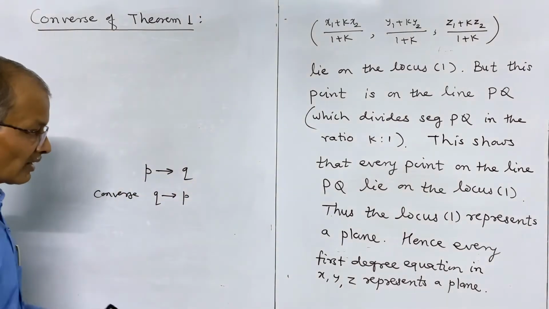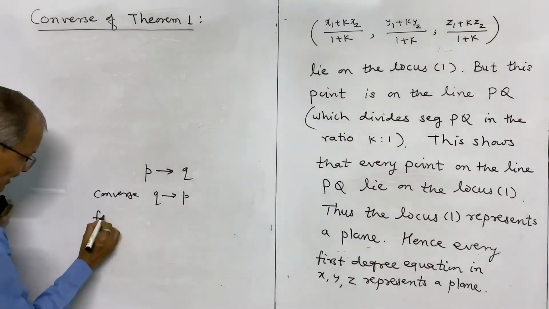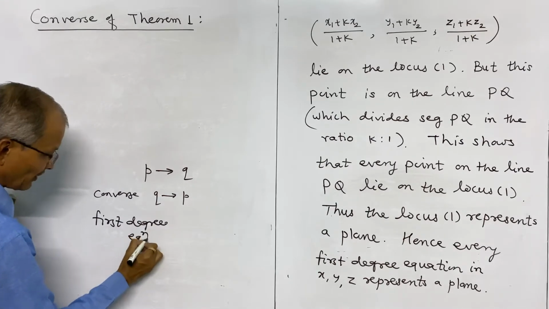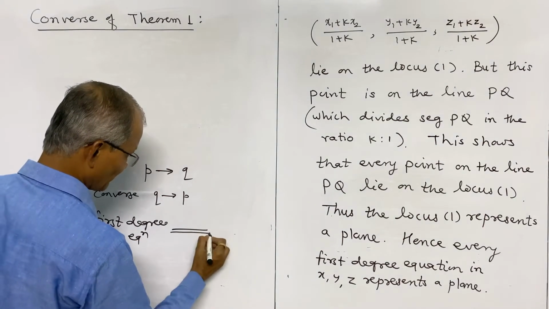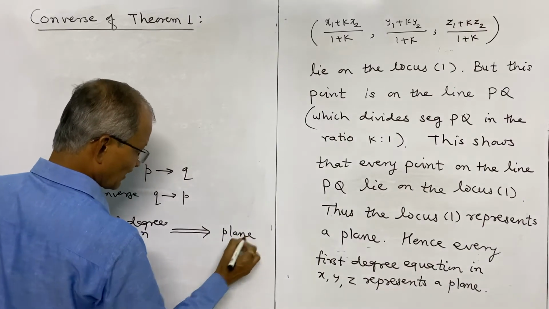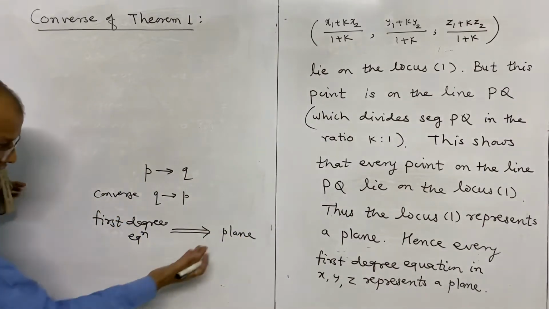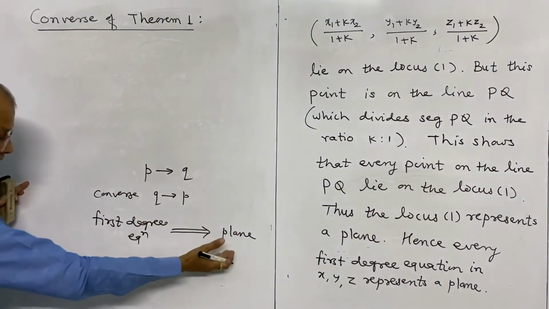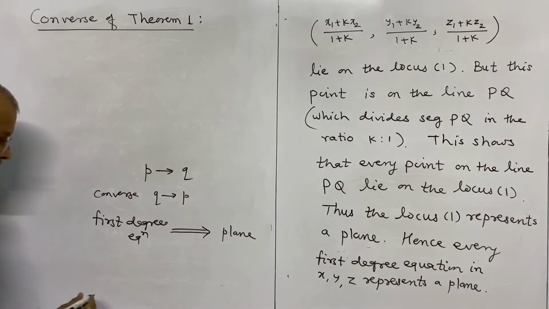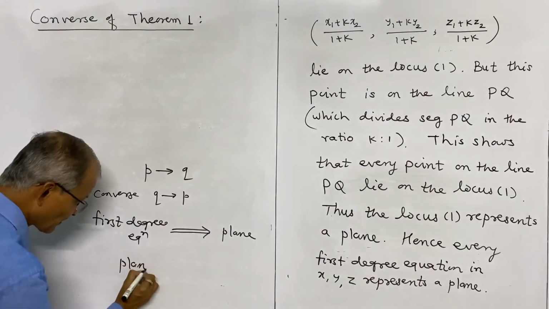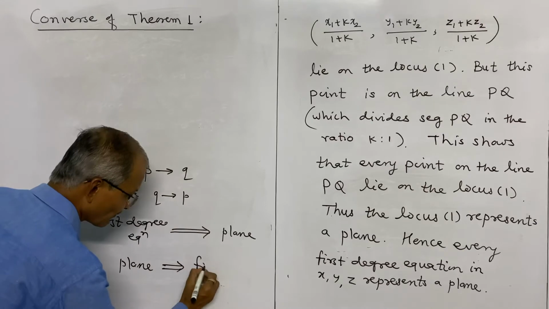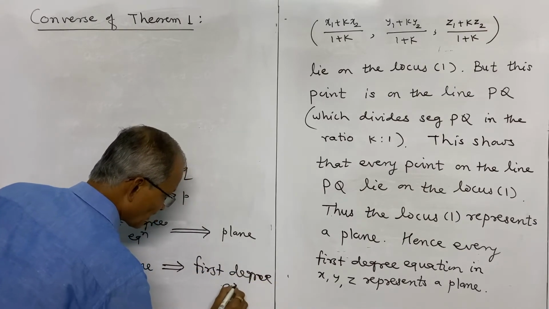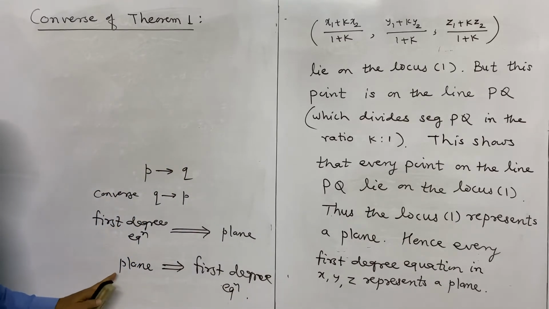Now what we have proved earlier: a first degree equation represents a plane. Now what will be the converse? The equation of a plane must be of first degree. That means if it is a plane, then its equation must be of first degree. So this is the converse that we have to prove.